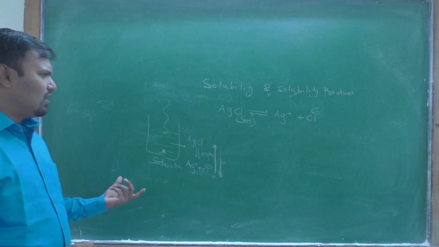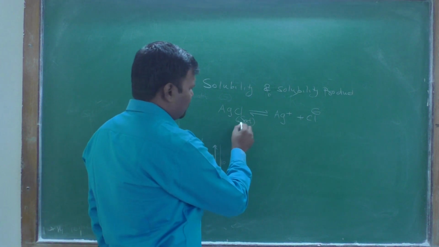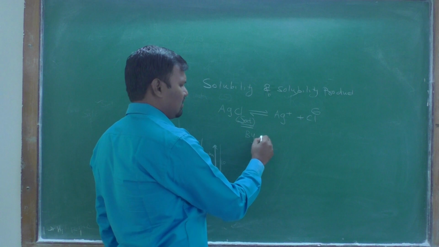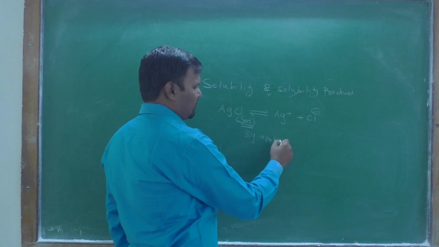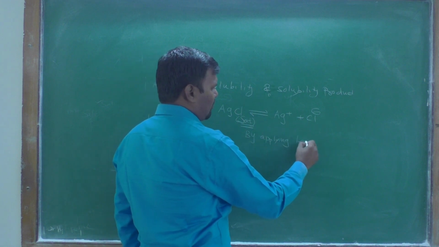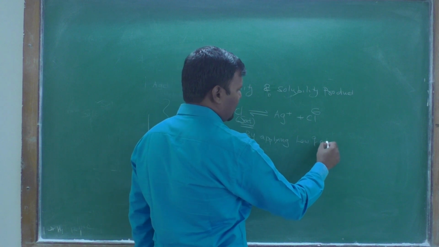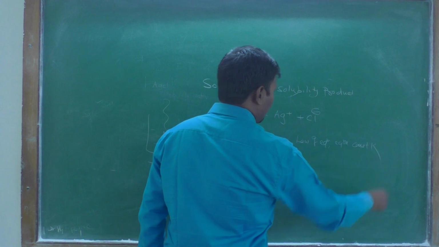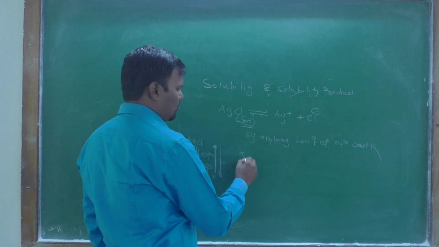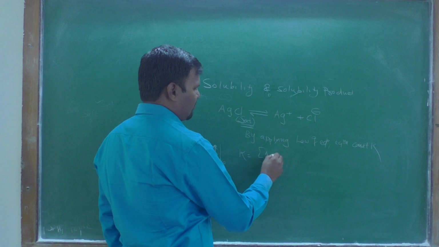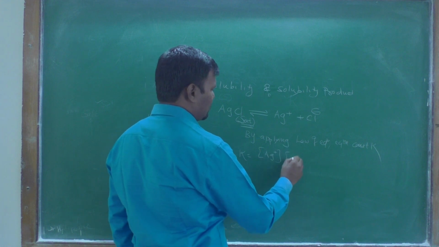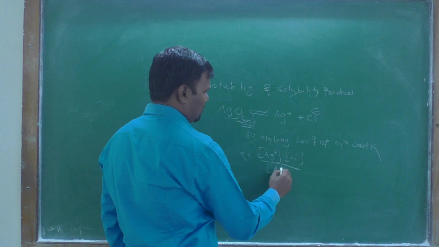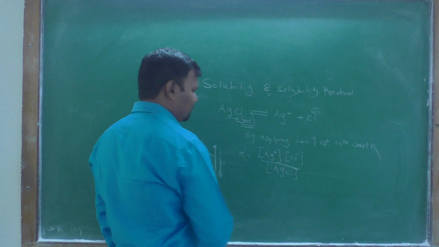Therefore at the saturation point, by applying the law of equilibrium, the equilibrium constant can be given as K. K is equal to the concentration of the right-hand side ions over the concentration of our salt.